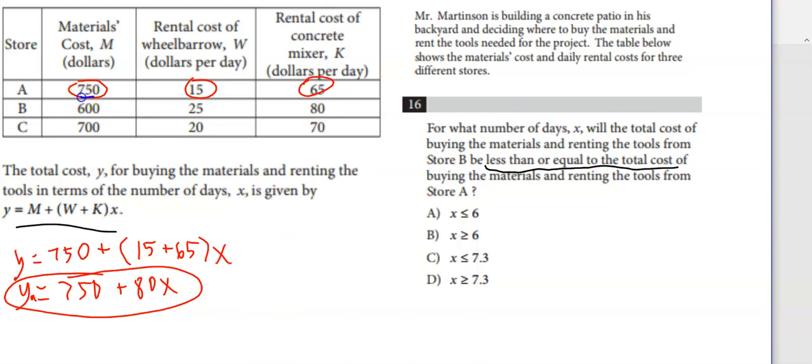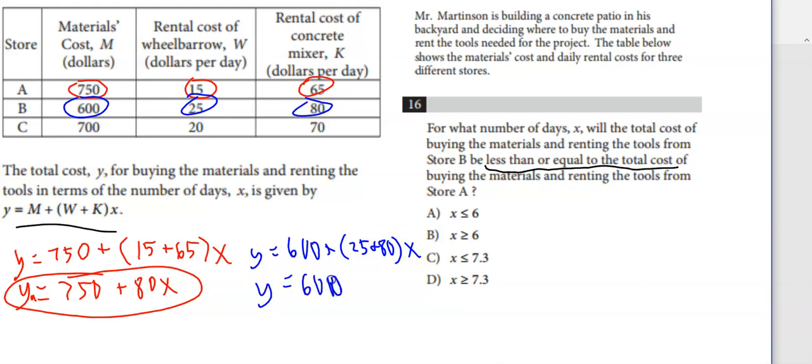So B is this one, so that'd be Y equals 600 plus 25 plus 80 times X. So Y equals 600 plus 105X. I really like to find their intersection points.